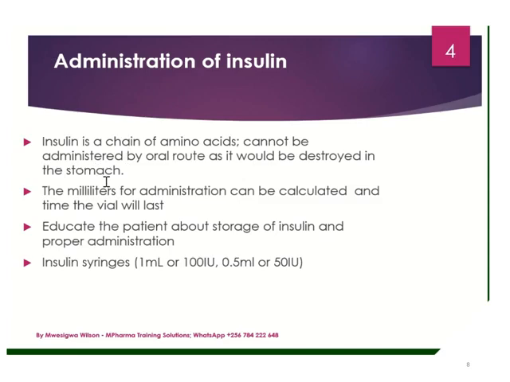And because we know the international units in a mil, we can easily calculate the milliliters which can be administered to the patient, and also determine how long one vial of the drug will last the patient. About insulin, it is always important you educate the patient about the proper administration and storage of insulin.